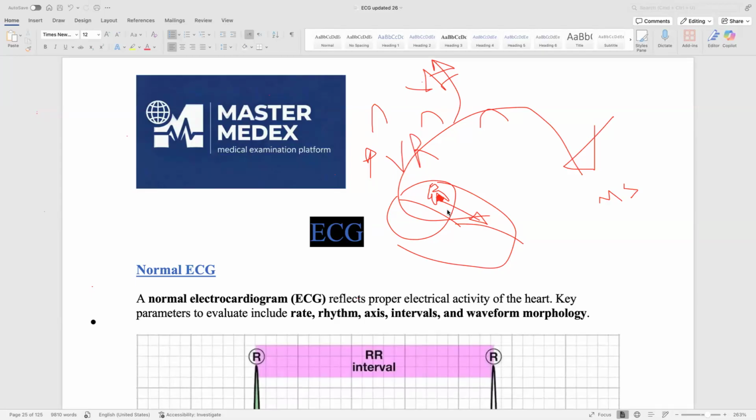If the CHA2DS2-VASc score is high, then we prevent the clot formation and clot dislodgement. Okay, that's it. That is the most important part of atrial fibrillation. The detail we will discuss later, inshallah.